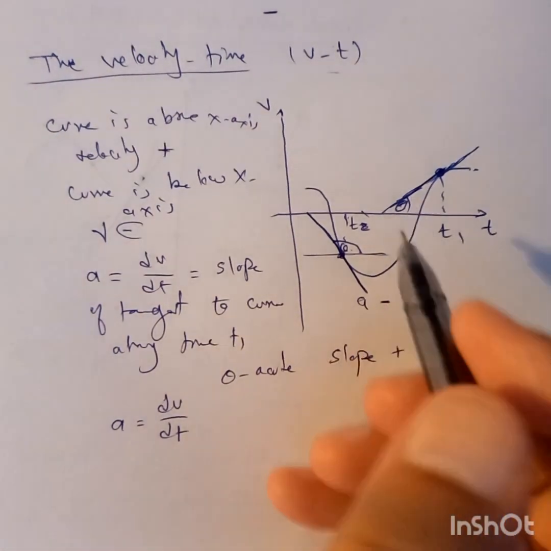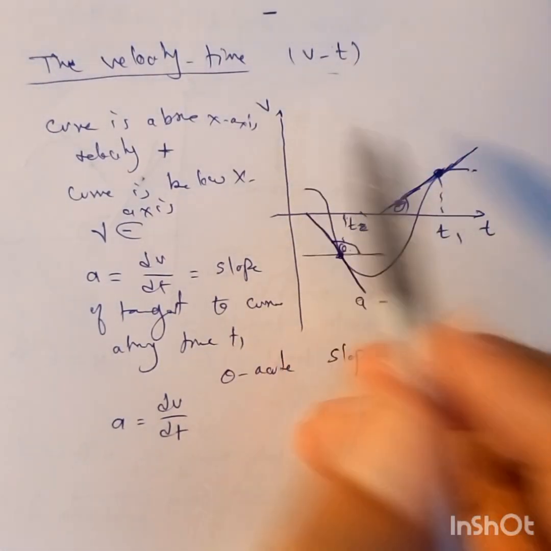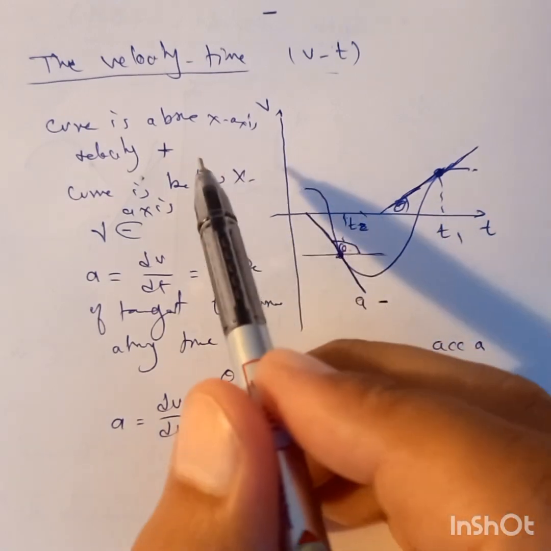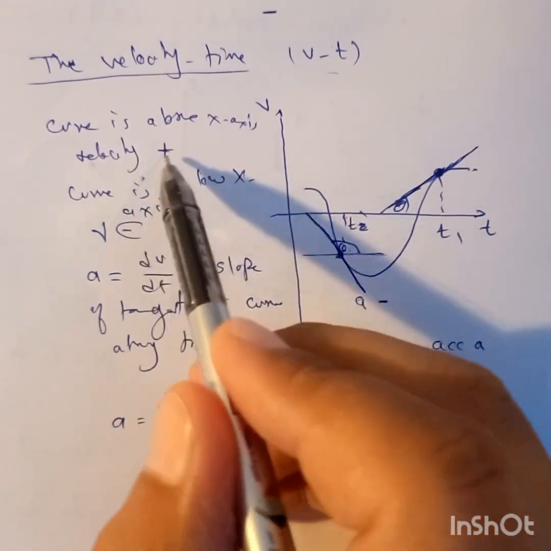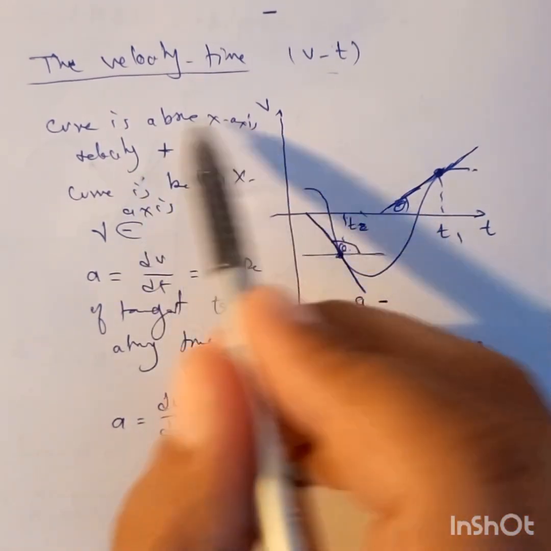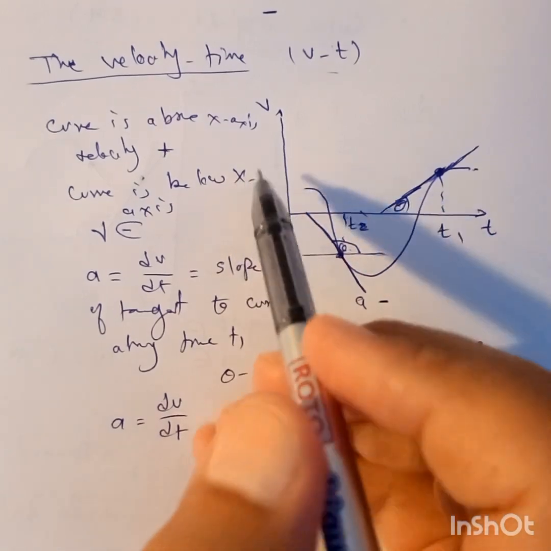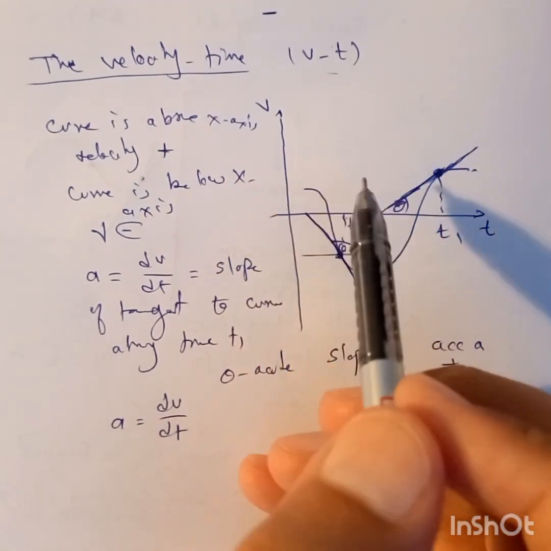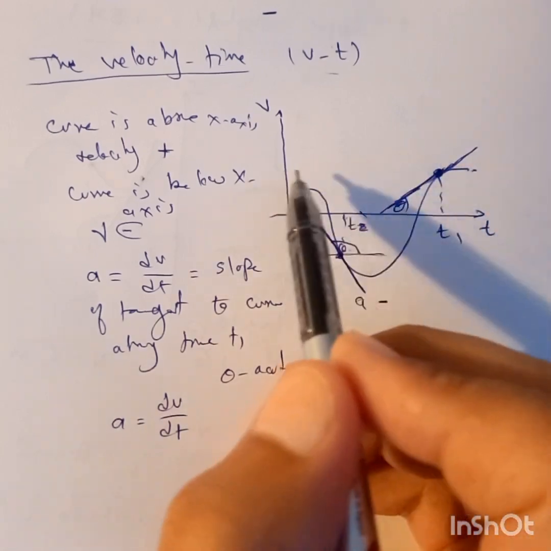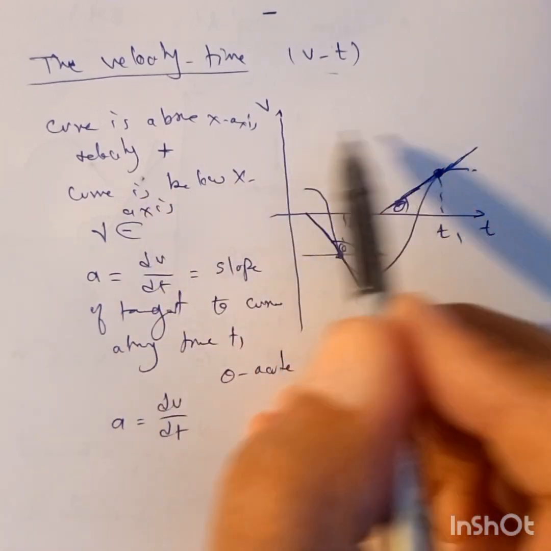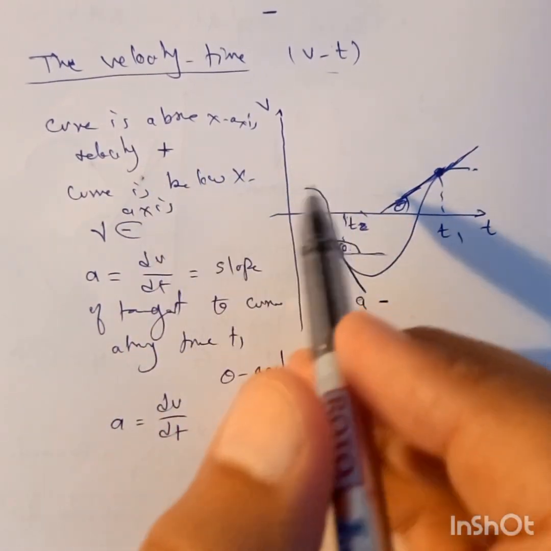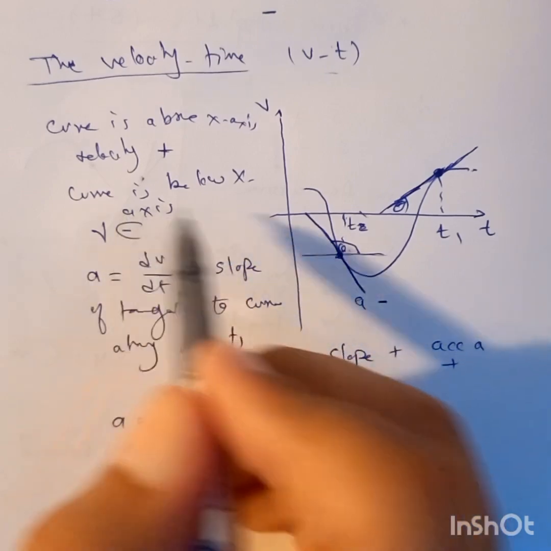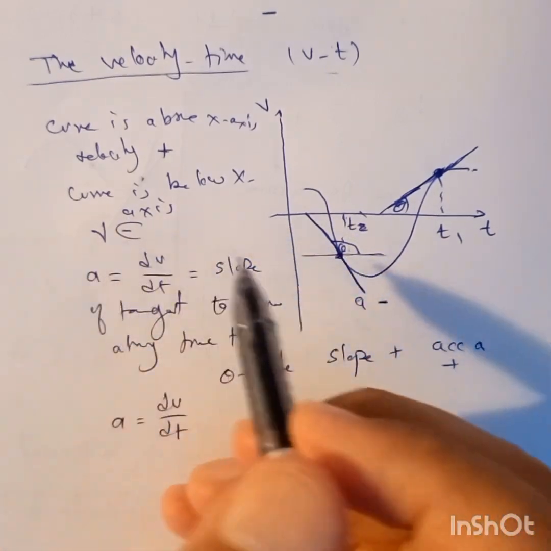So up till now we used the v-t curve to find the sign of velocity, positive or negative, and decide which direction the motion moves in, forward or reverse. Forward direction if the velocity is positive. If the velocity is negative, then the motion is in backward direction.